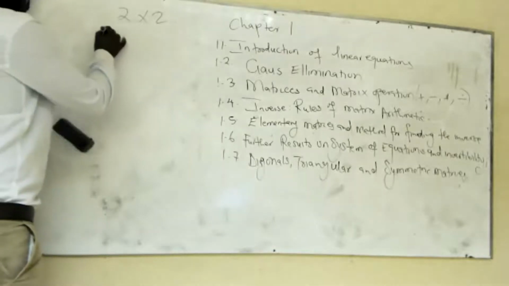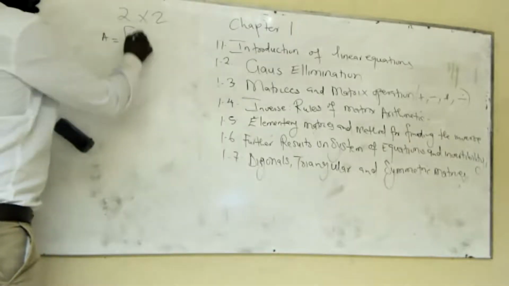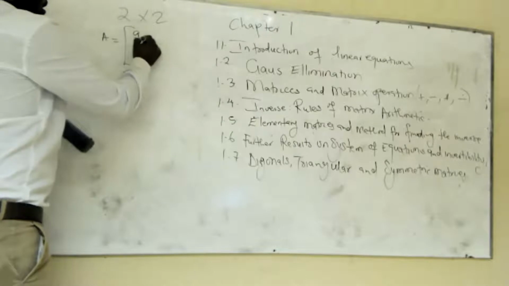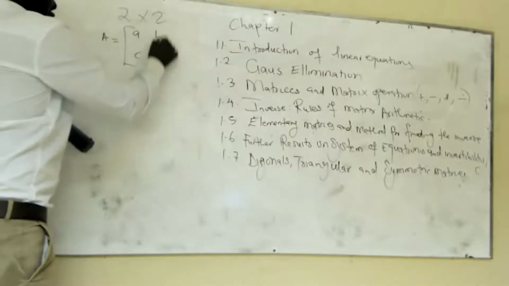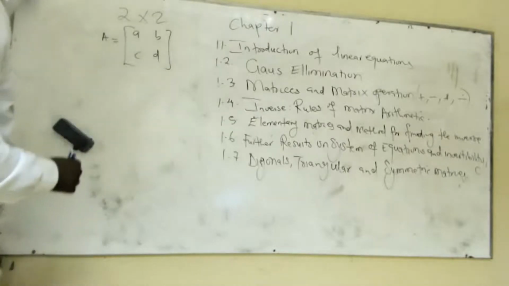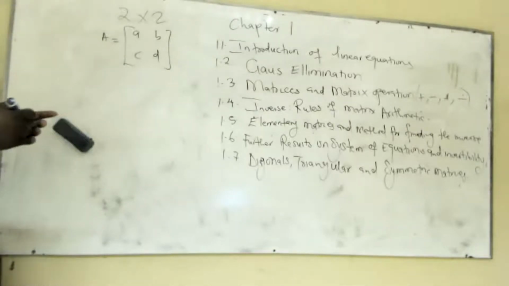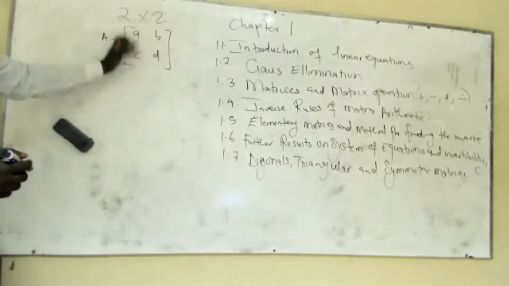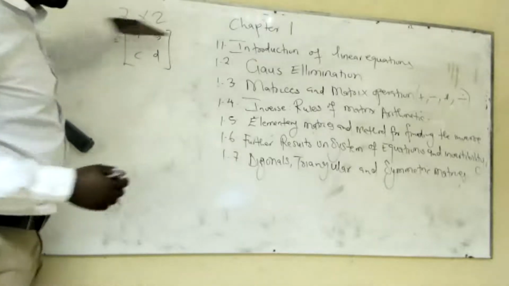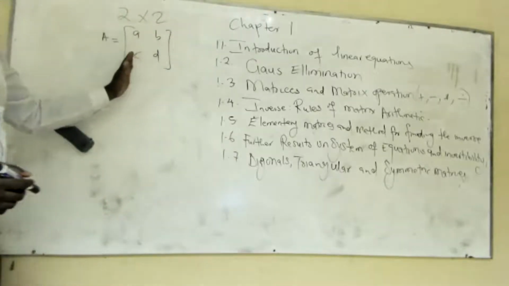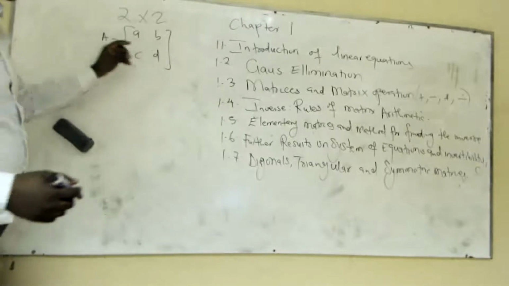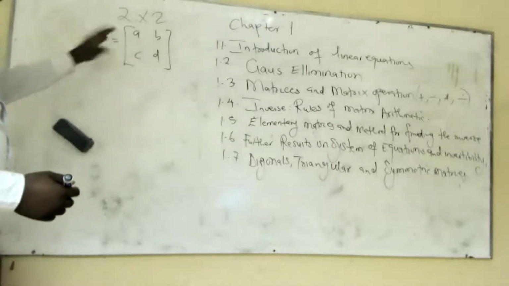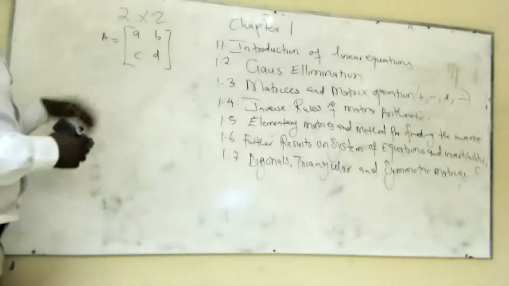Let's say we are given a matrix A, which is given by A, B, C, D. Why do you call it 2 by 2? Because it has 2 rows and 2 columns. That's why we call it 2 by 2. It has a size of 2 by 2.